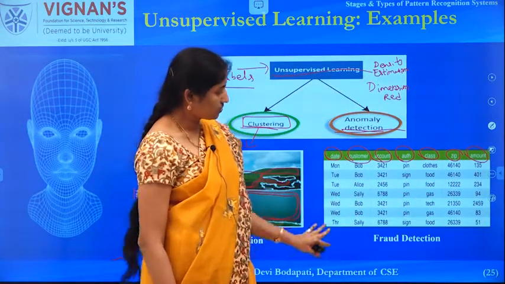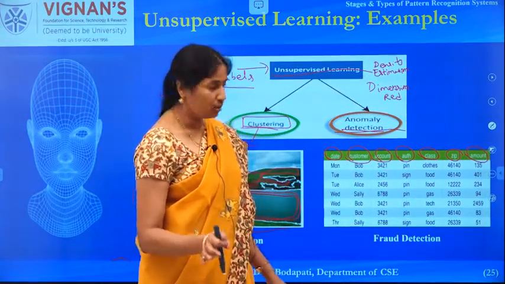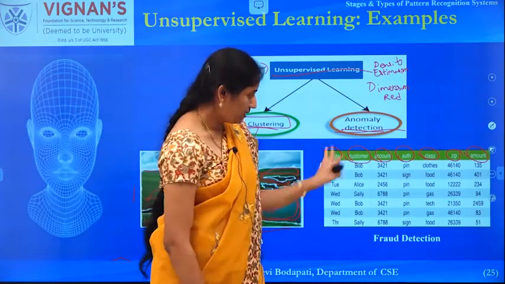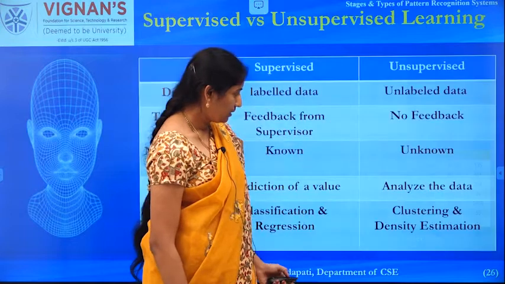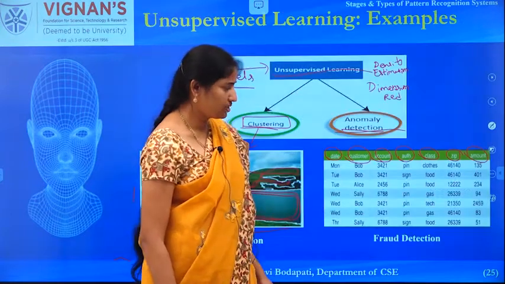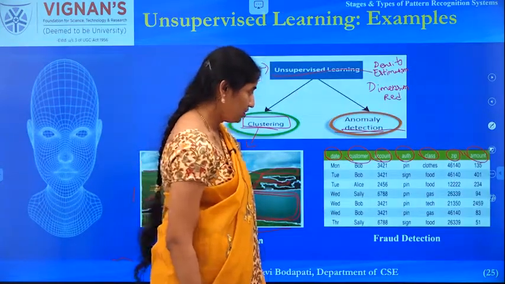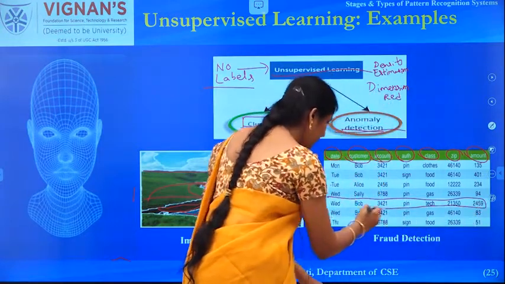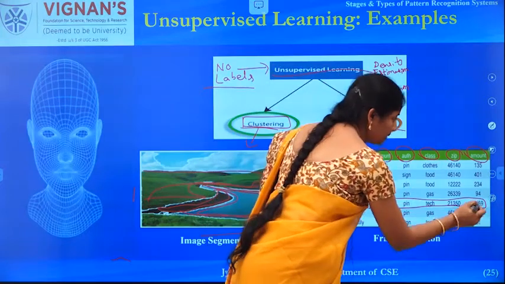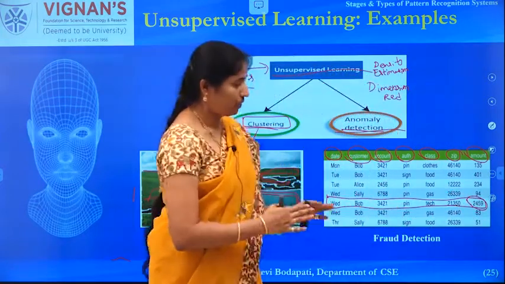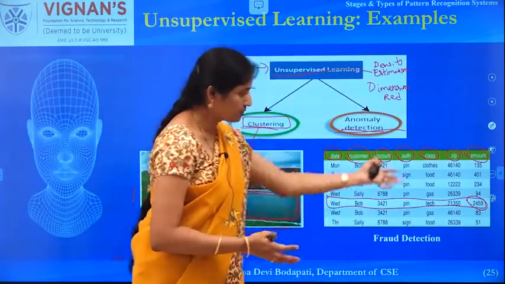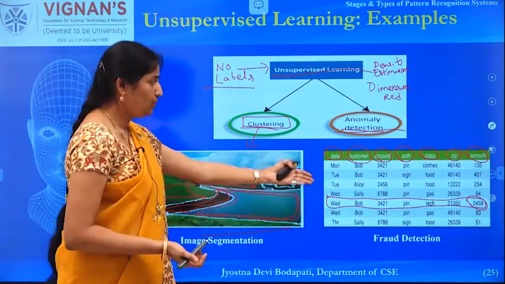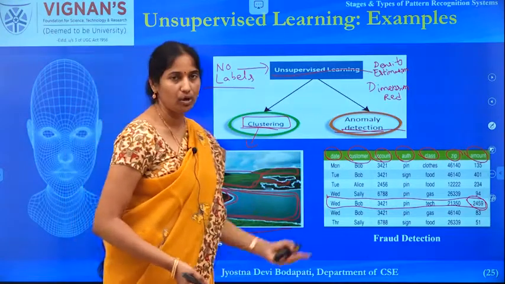Given these transactions, I need to identify the anomaly, that is, the abnormal transaction. Can you figure out which is the abnormal transaction? This one looks abnormal. If I observe the amount, it's abnormal: other transactions are less than 500, but this one is 2,500. That's how you can use unsupervised learning for abnormality detection.